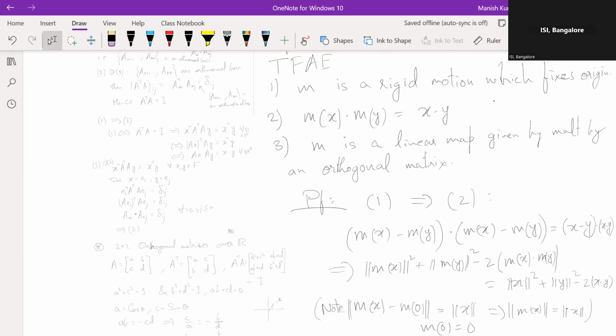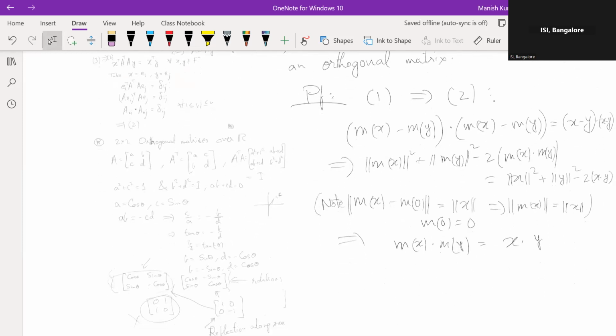Now for 3, I have to prove that it is a linear map, given by an orthogonal matrix.